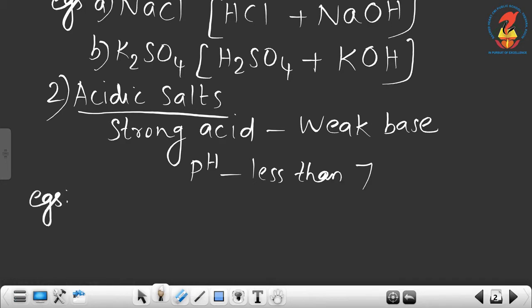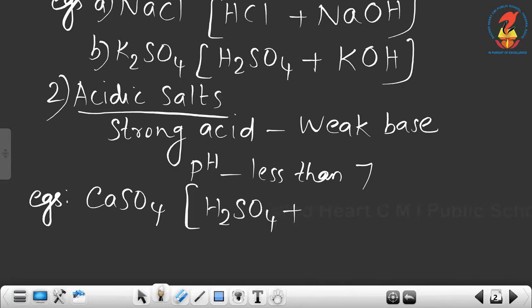Now examples. We have to write the salts formed between a strong acid and a weak base. Calcium sulfate. What is the acid? Sulfuric acid. For the base, write the metallic part, calcium, and add hydroxide to that: calcium hydroxide. Since calcium has valency 2, we write it as Ca(OH)2.